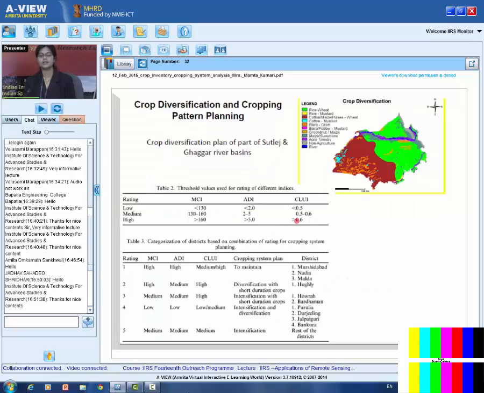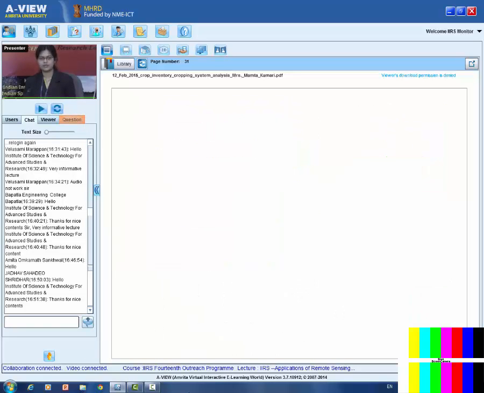So this is the range of different indices. If the MCI value is less than 130, then it is low, and there is a requirement of intensification. Then ADI value less than 2 is low, CLUI value less than 0.5 is low.